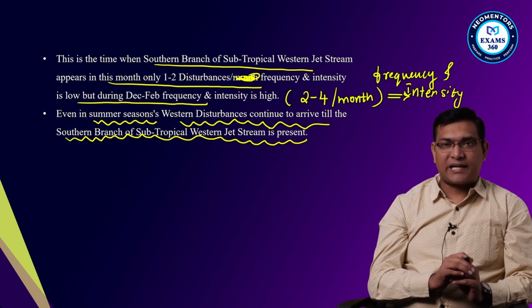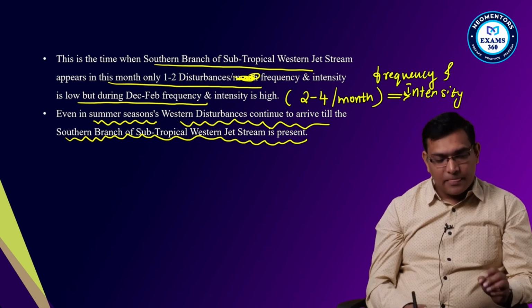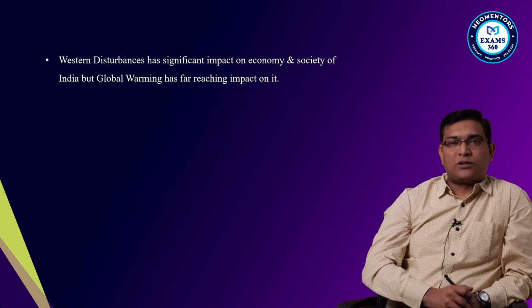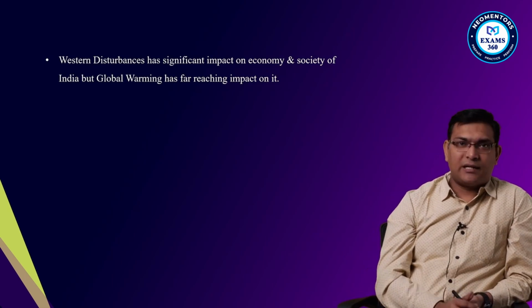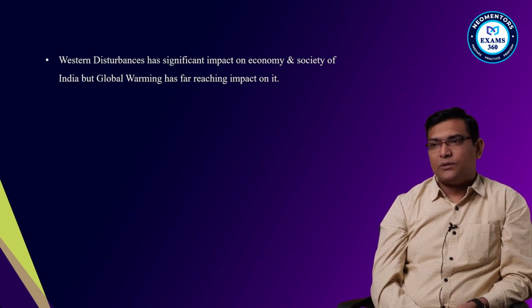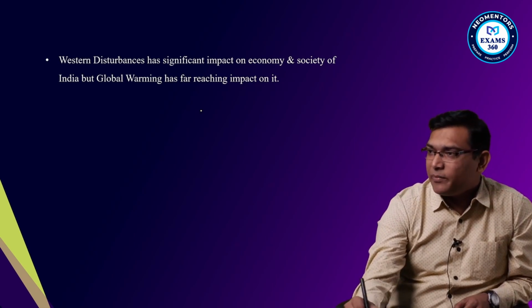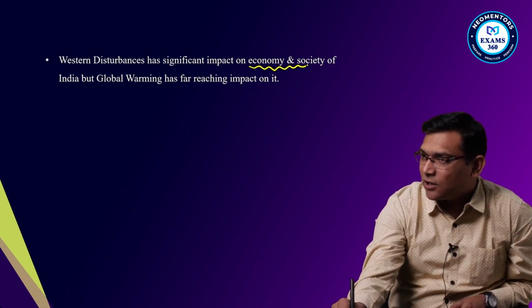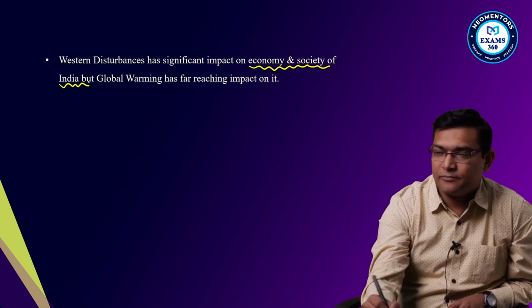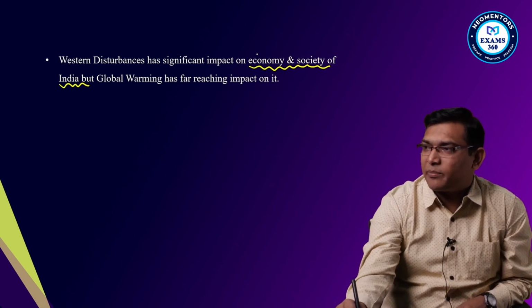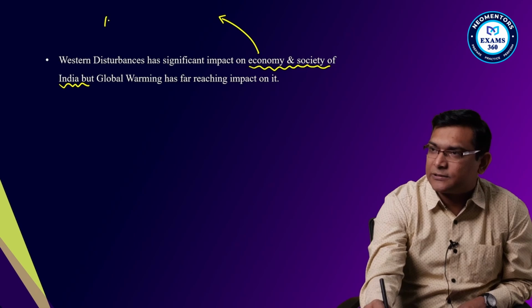Western disturbances, characteristics and distribution. Now let us see what the conclusion is. The conclusion can be written like this: western disturbances have a significant impact on the economy and society of India. That means, from an economic point of view, agriculture.